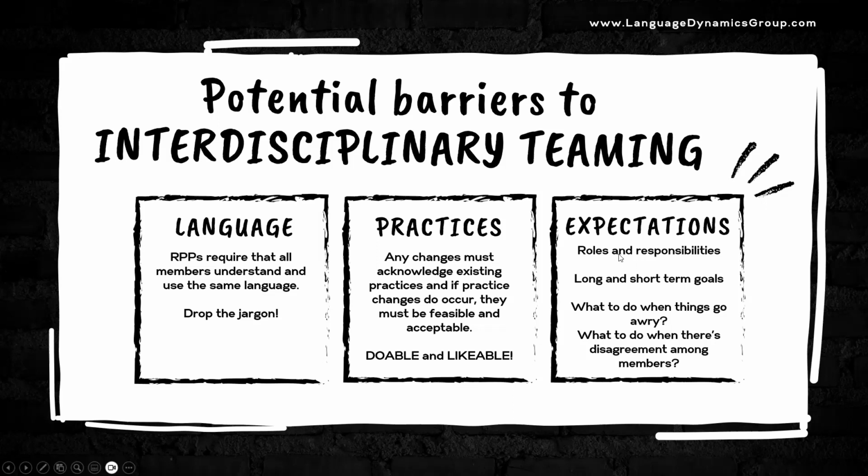And then expectations, like who's doing what, right? If implementation fidelity is poor, if teachers aren't following through, who's checking, who's going to follow up, who's going to provide that follow-up training? Especially as a researcher, if I want to be hands off, I need to make sure that someone is designated and they know what to do. Also, this happened with Maureen, our research partner in Michigan. When she was there, she broke her leg.